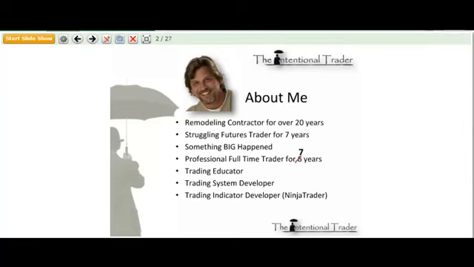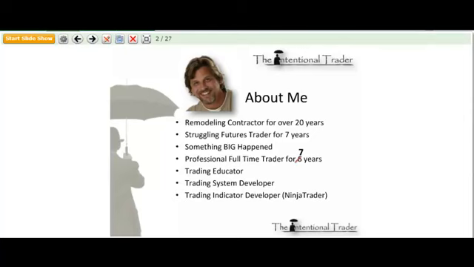I actually was a remodeling contractor for over 20 years. I owned a couple of hot tub stores. Did very well at that, but just got completely burned out of it and decided I wanted to do something that was going to be a lot easier than being a contractor.